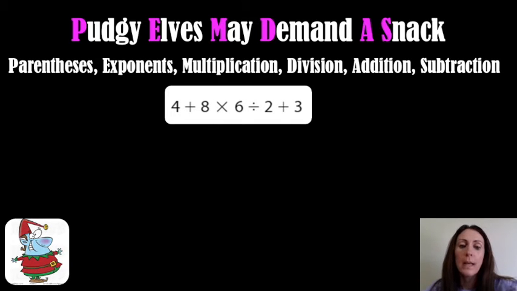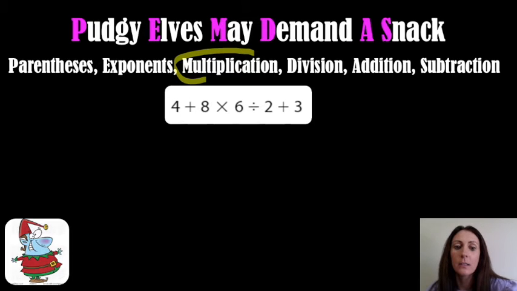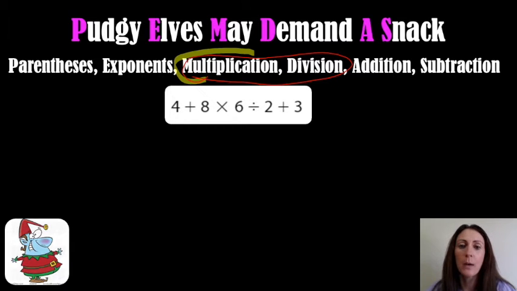However, after we've looked to see if the problem has parentheses and then exponents, we need to move into both multiplication and division, which I know sounds a little tricky, but with some practice, you guys will have it down.